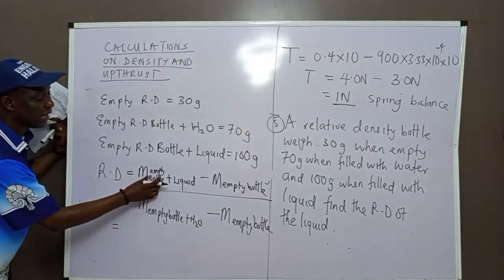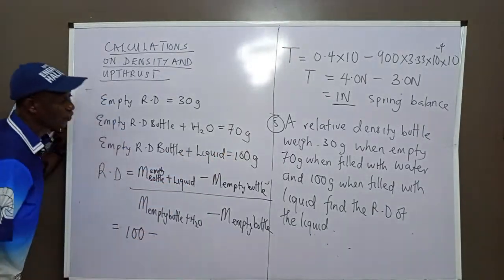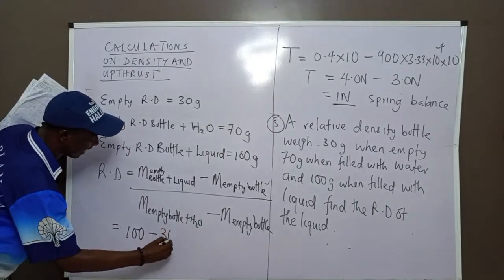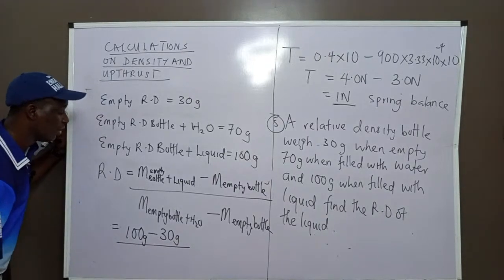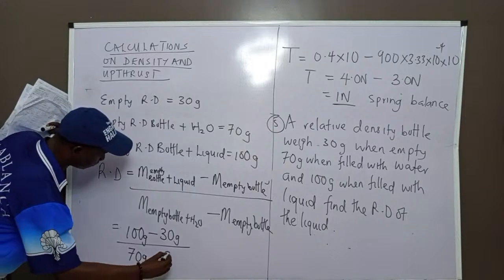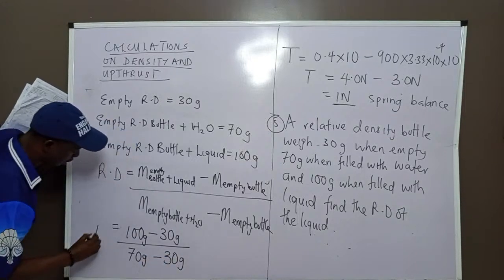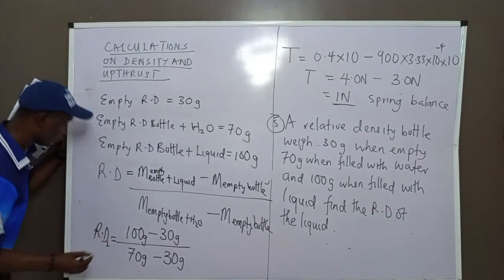So mass of bottle plus liquid is 100, minus mass of empty bottle, which is 30 gram. The mass of empty bottle plus water is 70 gram, minus mass of empty bottle, which is 30 gram. So how do we find the relative density of the liquid?